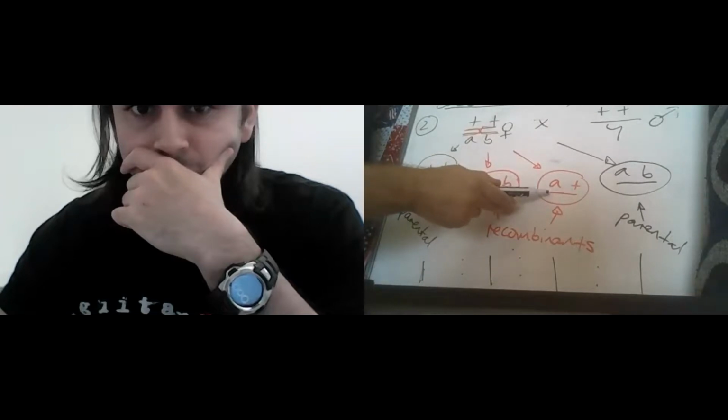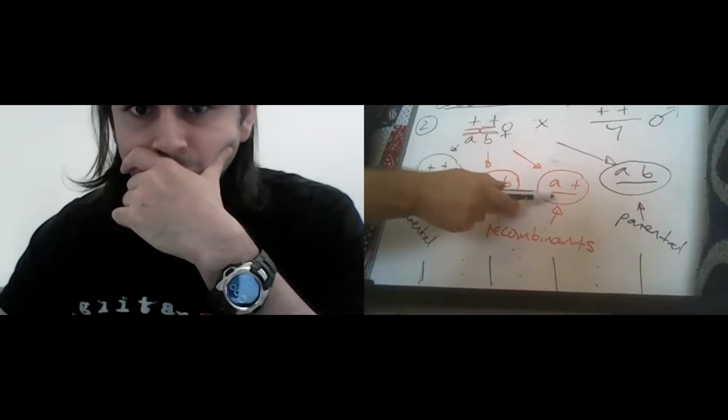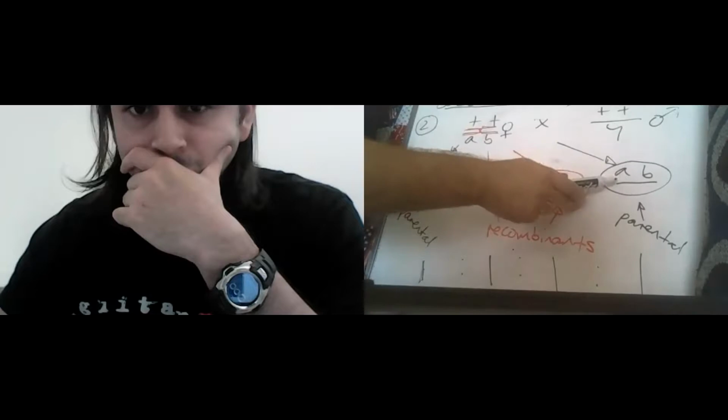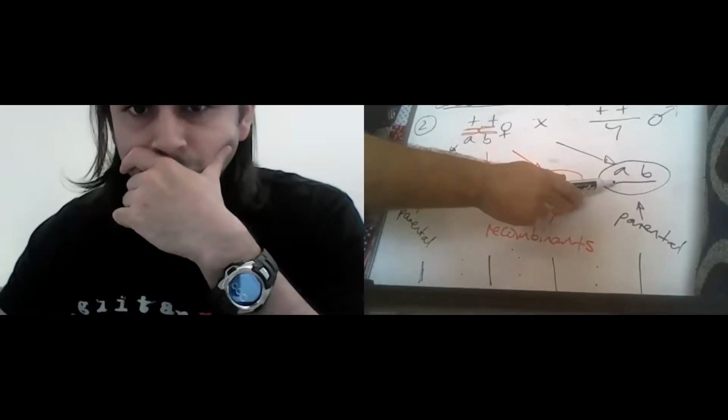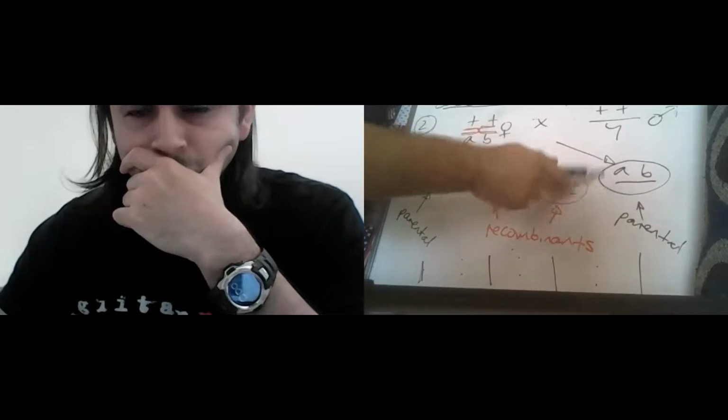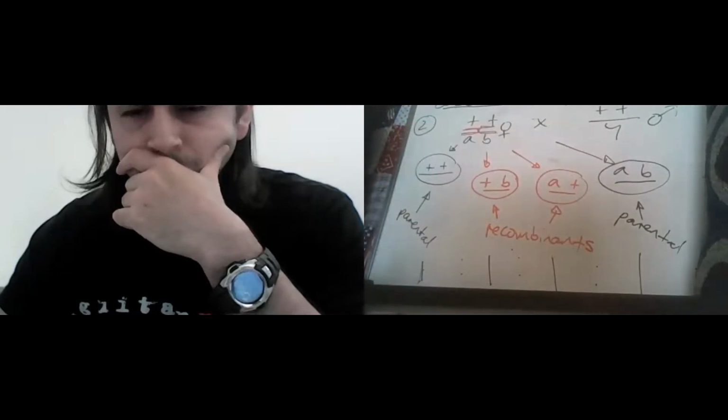What phenotype would this one have? It'll be A plus over plus plus, dominant, dominant. What phenotype would this individual have? It'll be AB over plus plus, dominant, dominant.